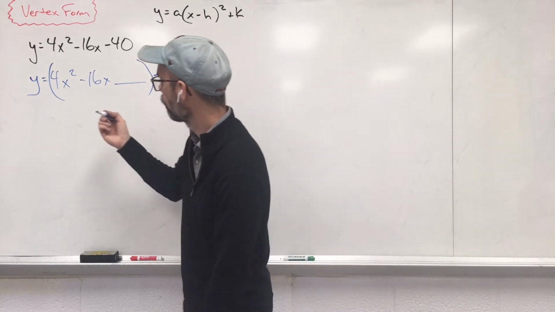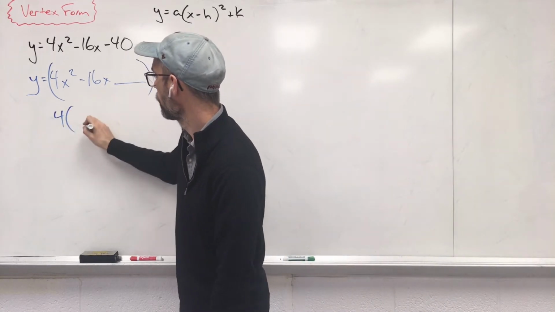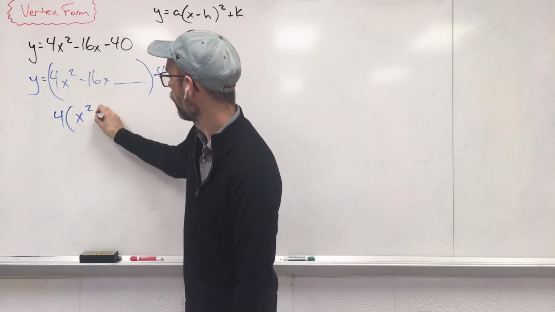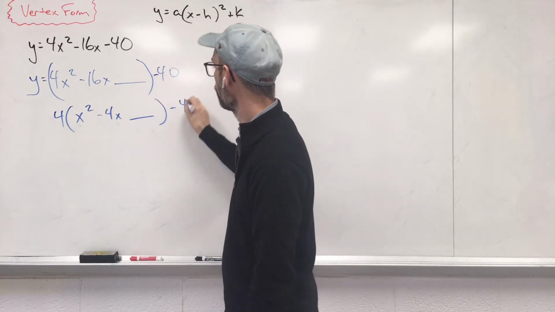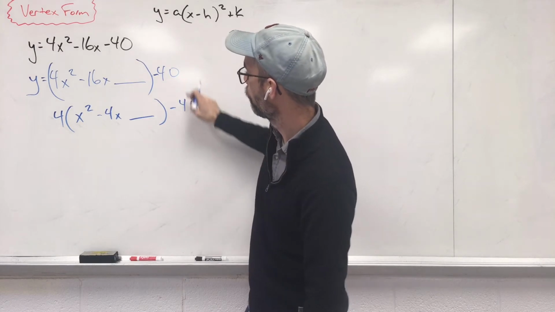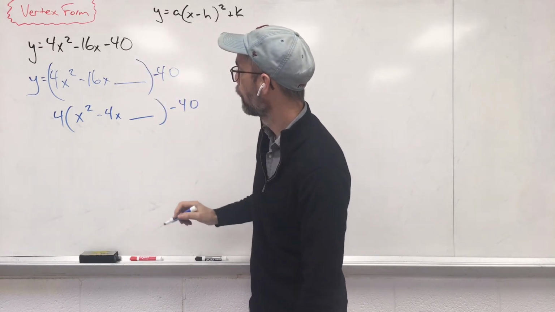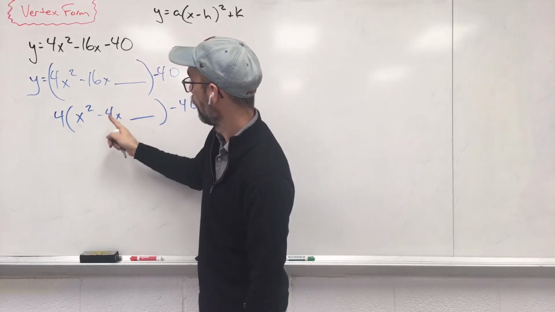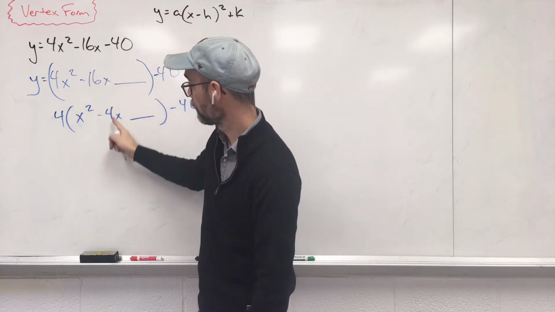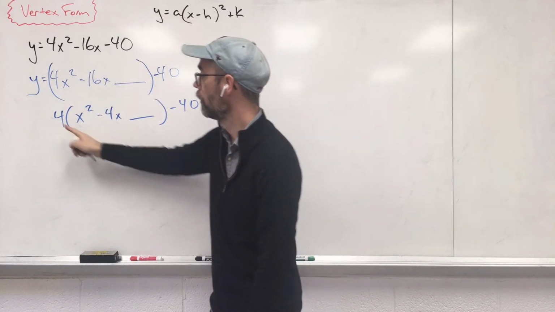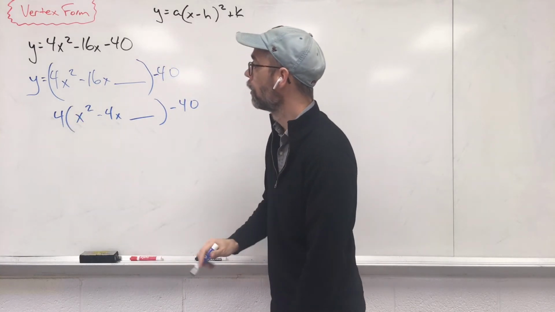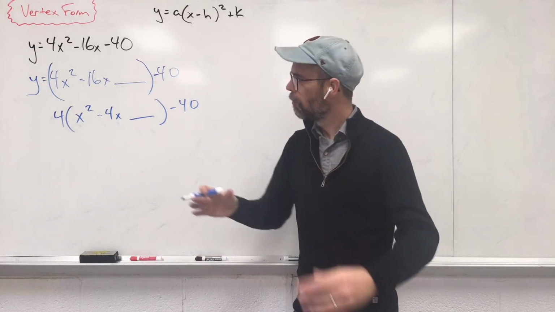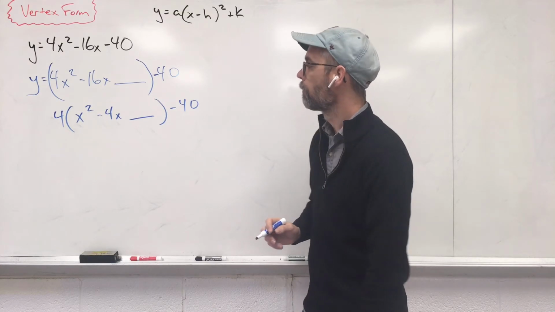So I'm going to factor out a 4, giving us x squared minus 4x blank minus 40. So this negative 40 is still there. Negative 16 is really still here when I distribute. 4x squared is still there when I distribute. So I'm just kind of moving things around a little bit.